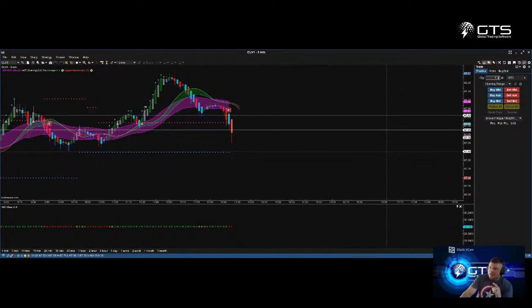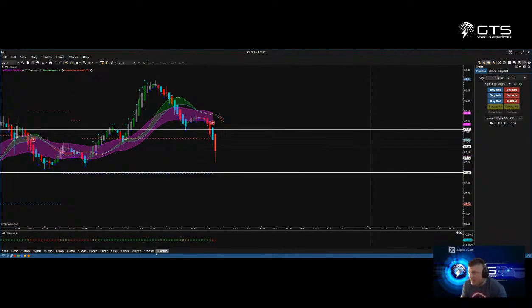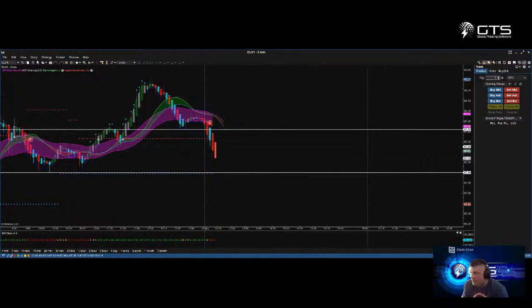And on top of that, it was making some higher highs and higher lows, but kind of shifting gears here. There's some bearish divergence. The bias is still sell right now, and that changed over from the buy at the 1 o'clock candle.